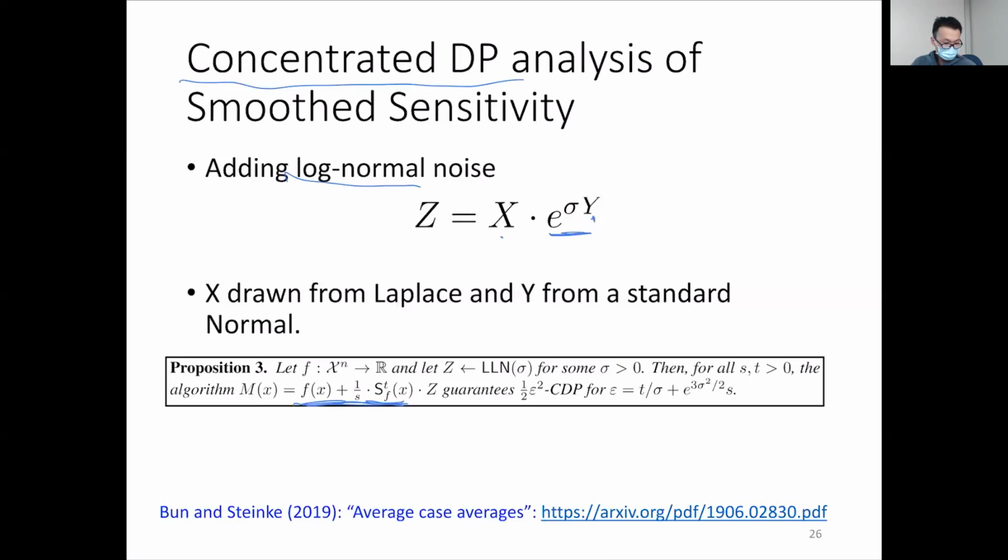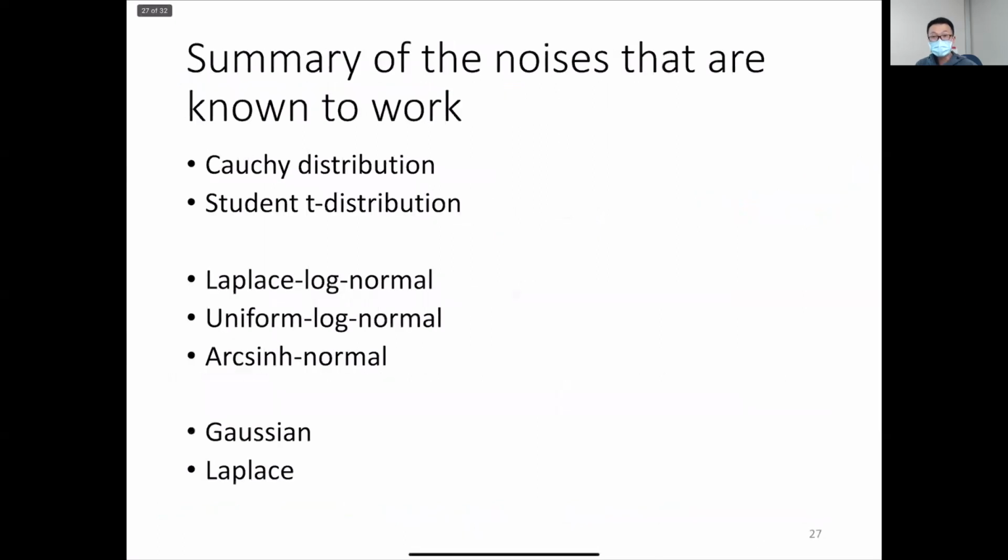We understand that the variance of this noise z is 1/3 of e to the power of 2 sigma squared. So it's nothing too crazy, and it also satisfies concentrated differential privacy with the parameter being a half square of this. Which is nice because then we can compose this with other mechanisms that we know.